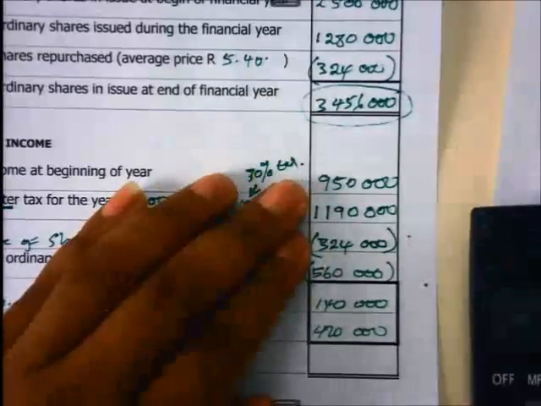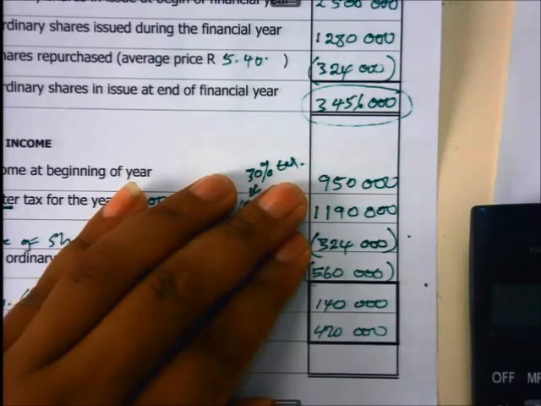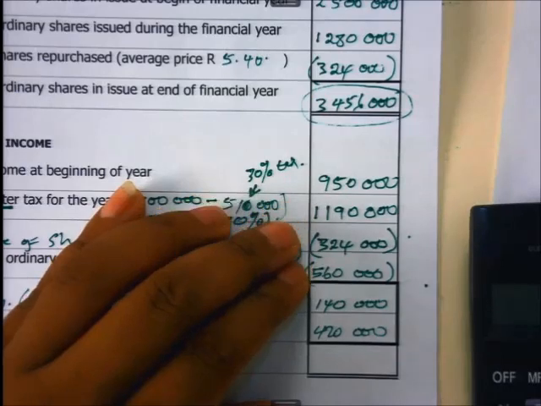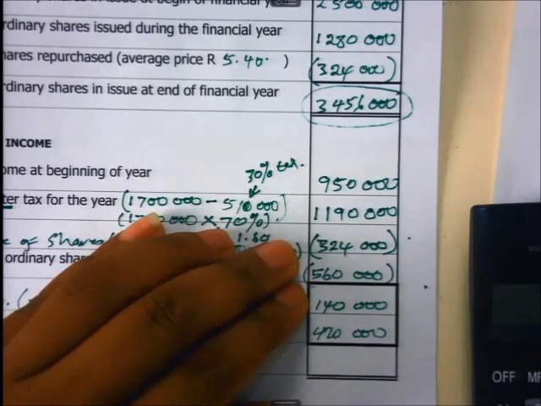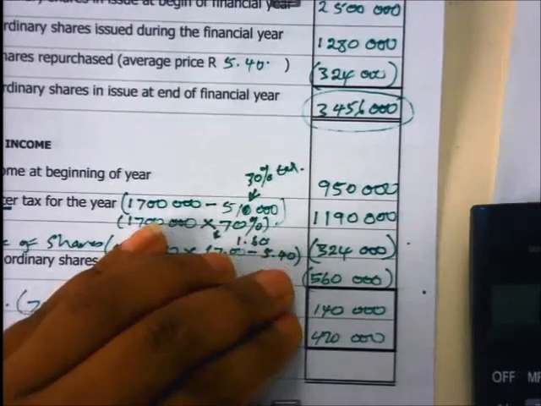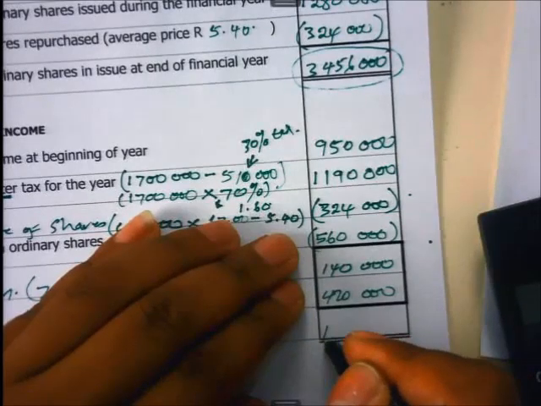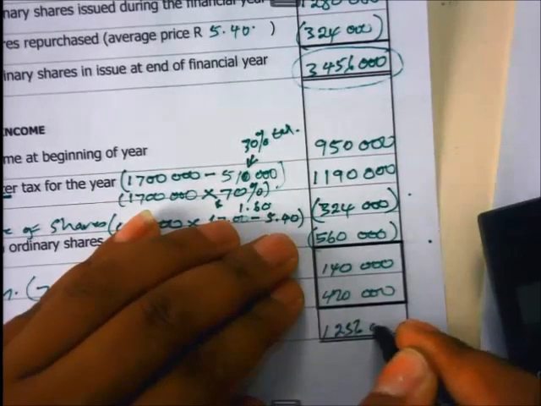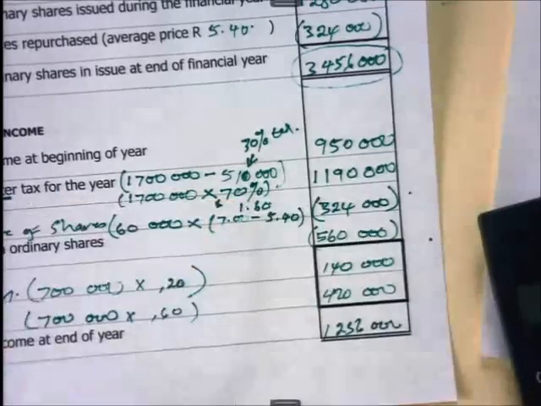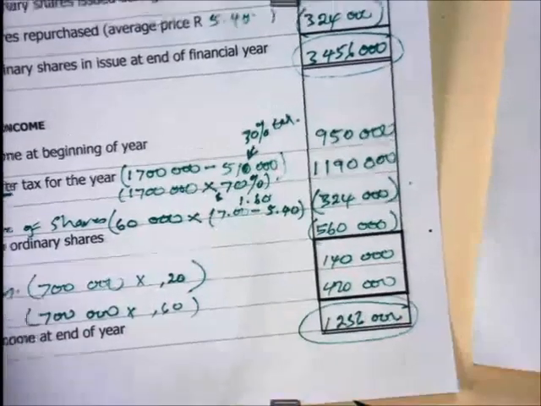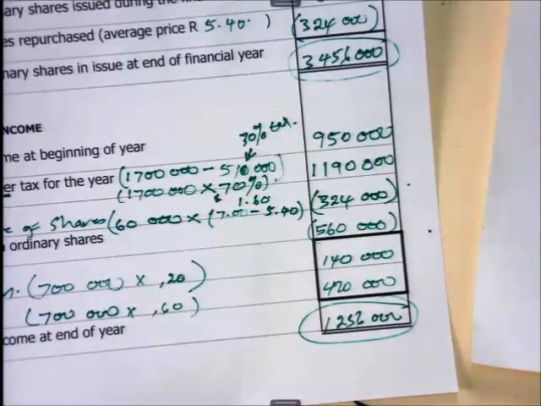Therefore, you will say 950,000 plus 1,190,000 minus 324,000 minus 560,000. That will give you 1,256,000.